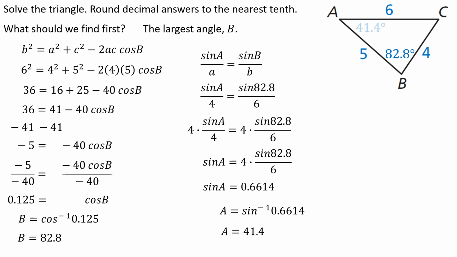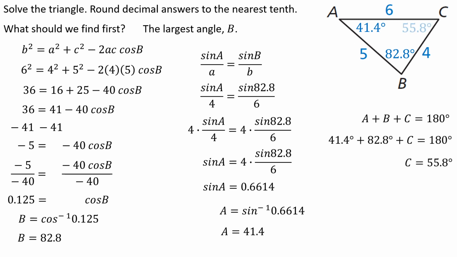All right, you say, hey, about 41.4. And now we're on easy street. We know two angles. We know the three angles must add up to 180. And so we can quickly deduce that the third angle has to be 55.8.